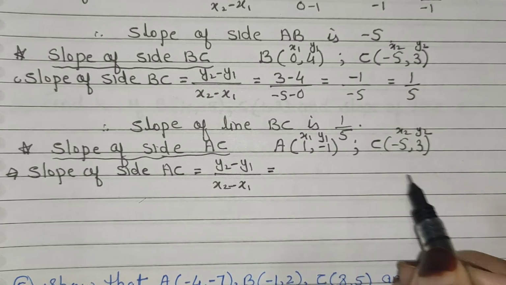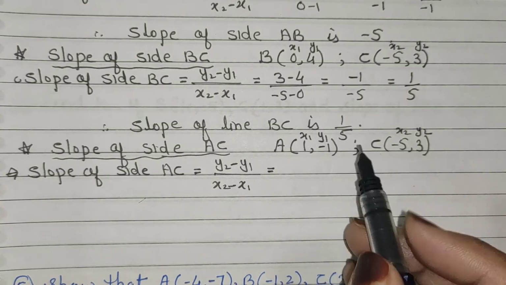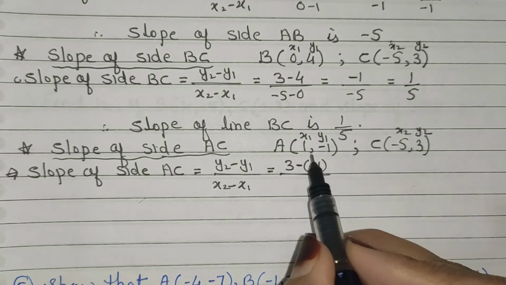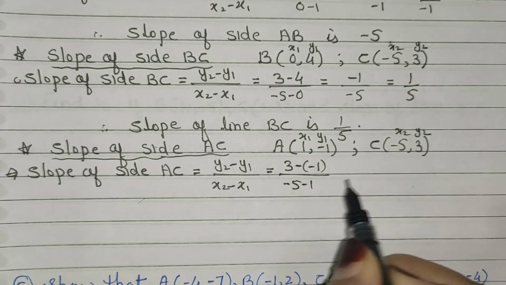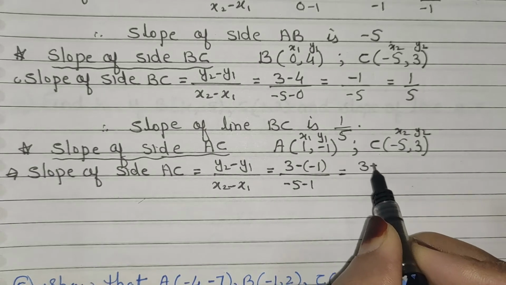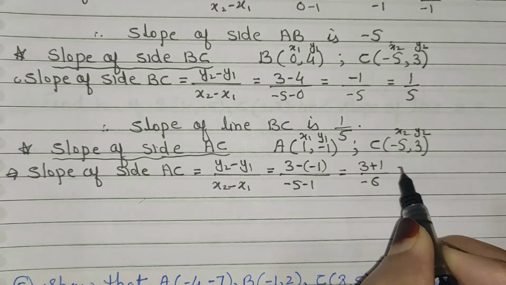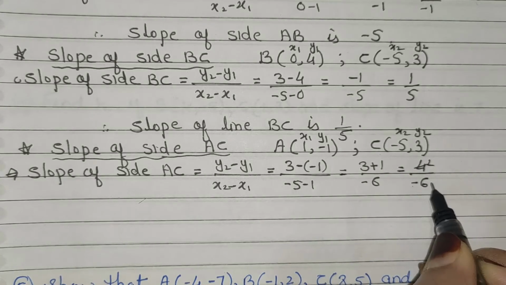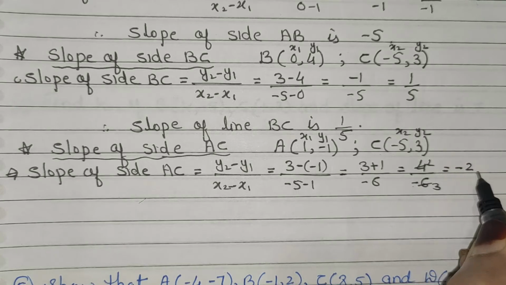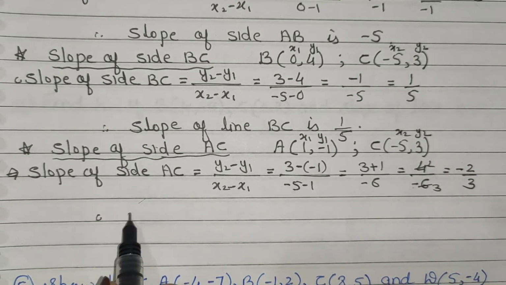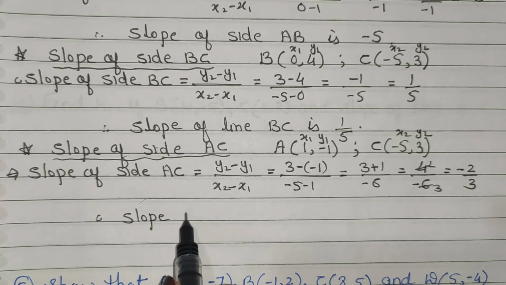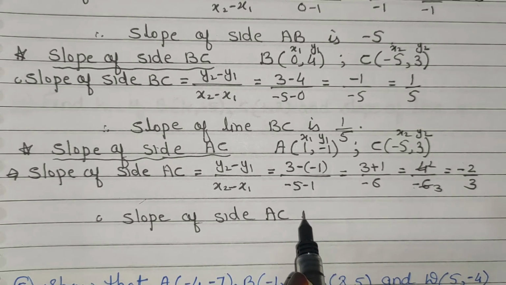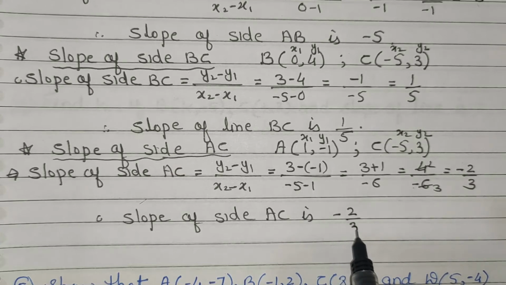Now substituting the values, we get here 3 minus of minus 1 upon minus 5 minus 1. Solving, we get 3 plus 1 upon minus 6. 3 plus 1, 4 upon minus 6. Solving, 2 2s are 4, 2 3s are 6. We get here minus 2 upon 3. Write down here, slope of side AC is minus 2 upon 3.